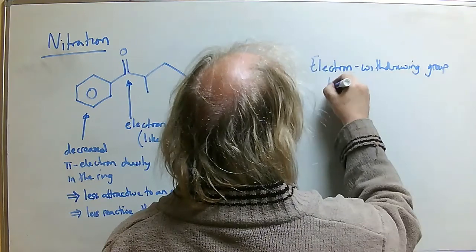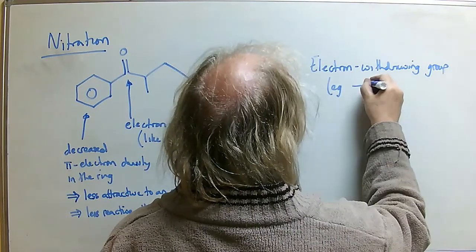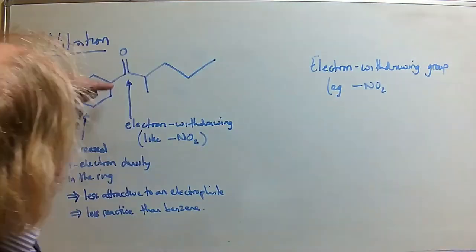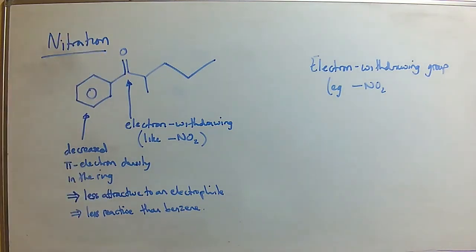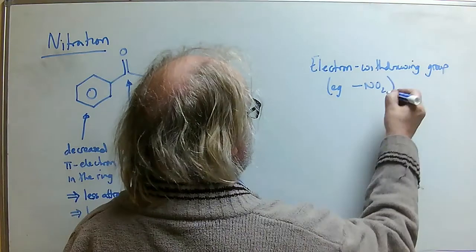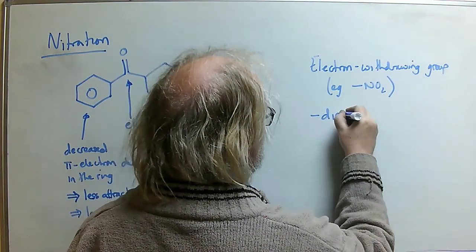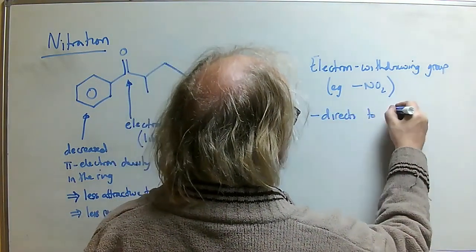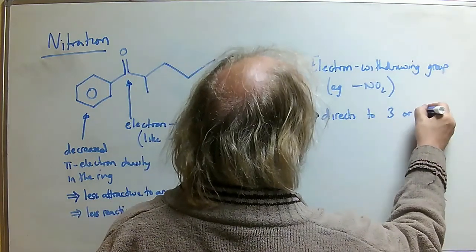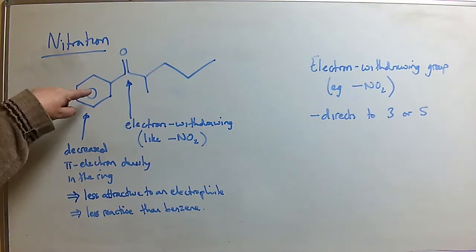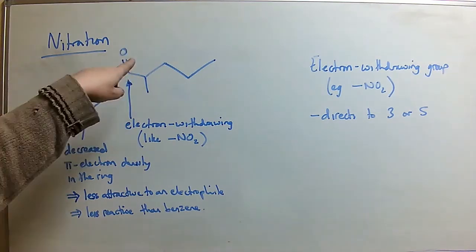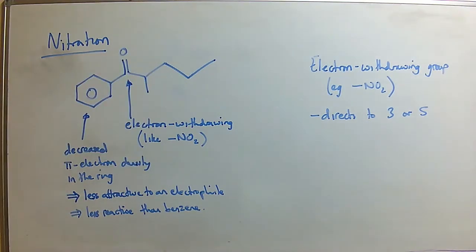So NO2, but in this case our electron withdrawing group is an acyl group with a C double bond O there, and this directs to 3 or 5. And I've written or rather than and there because of the lower reactivity resulting from the decreased pi electron density. Usually it will react only once.